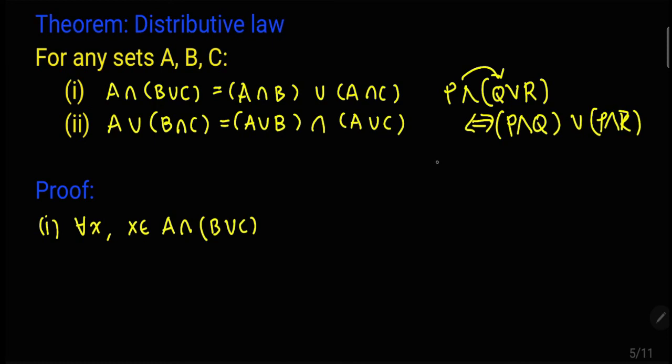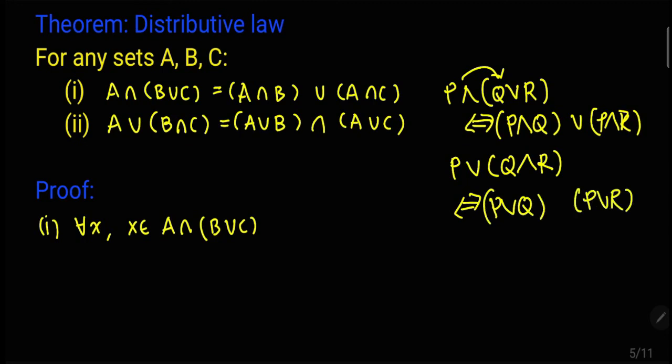On the other hand, you can also have P or (Q and R). Here, we are distributing the logical operator or, so we have (P or Q) and (P or R). So you're distributing P to Q and to R, and then the final operation will be AND. Okay? So that's the distributive law in logic, and this is the equivalent distributive law in sets.